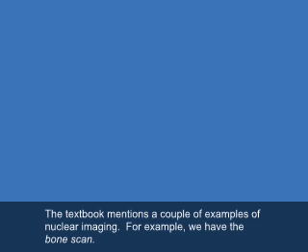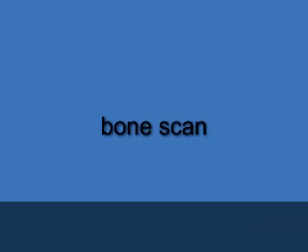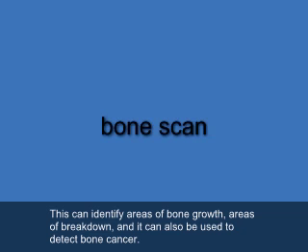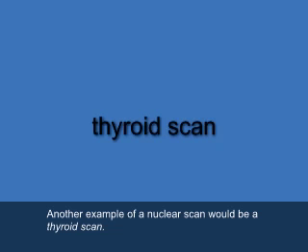The textbook mentions a couple of examples of nuclear imaging. For example, we have the bone scan. A bone scan refers to nuclear imaging of the bone. This can identify areas of bone growth, areas of breakdown, and it can also be used to detect bone cancer. Another example of a nuclear scan would be a thyroid scan.